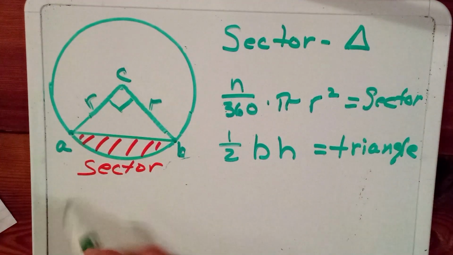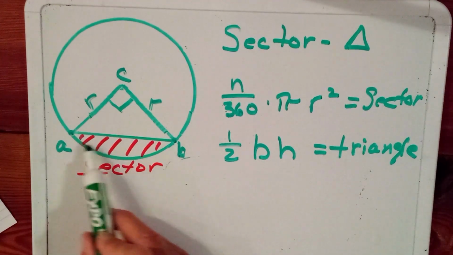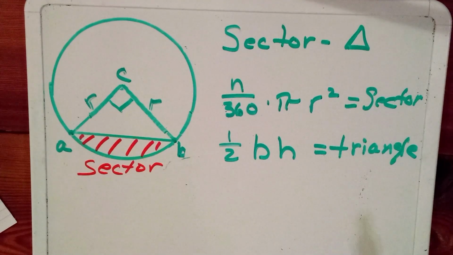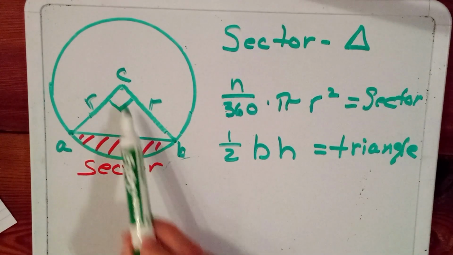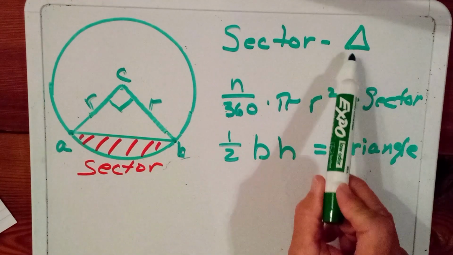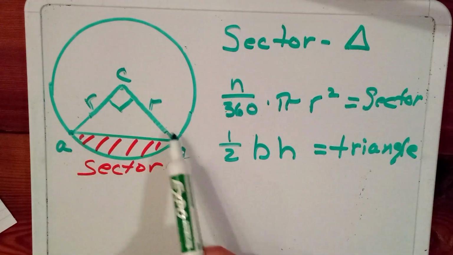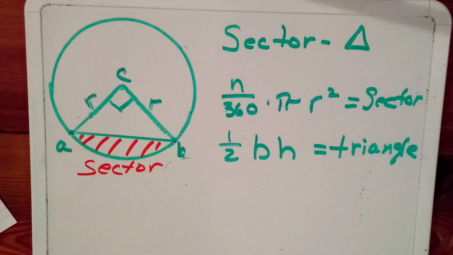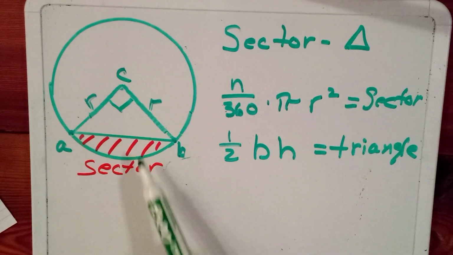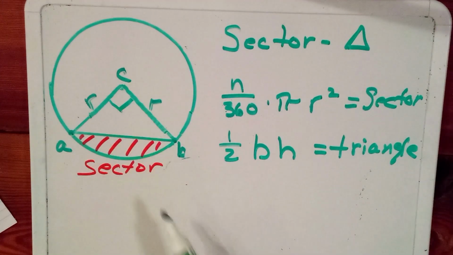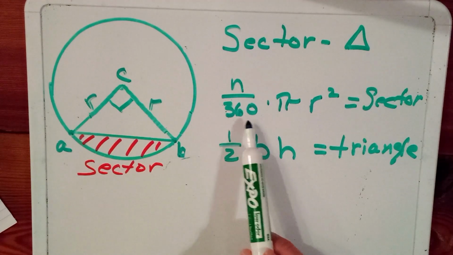Okay, so for calculating the circle segment, we are going to subtract the area of the triangle from the area of the circle sector. The formula for calculating the sector area is n over 360.